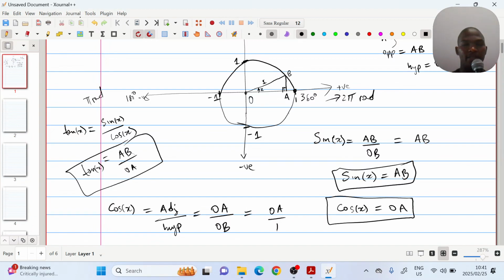Now that you have that, what is cosecant of x? Cosec of x. Cosecant. It's cosecant, right?